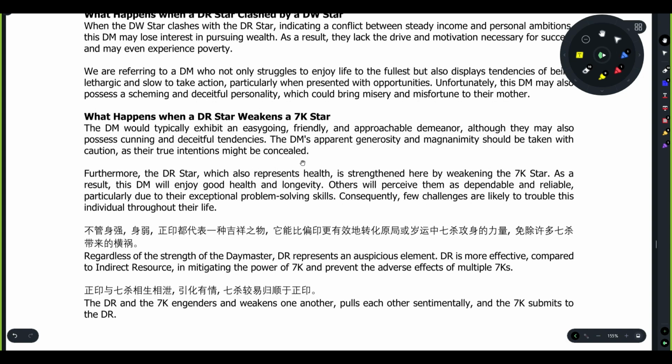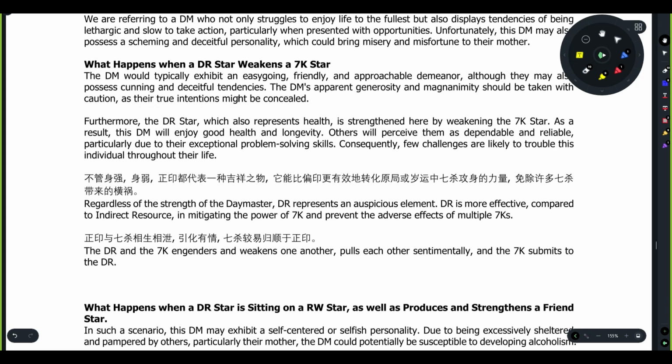All right, okay, let's move along. And of course, the direct resource also weakens the 7 killing. Okay, if we can remember from our sharing on the 7 killing, if a person has 7 killing, the person should see direct resource. And so likewise here, it is often considered to be an auspicious element for direct resource to meet 7K.